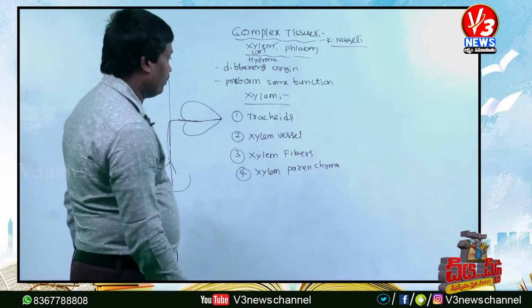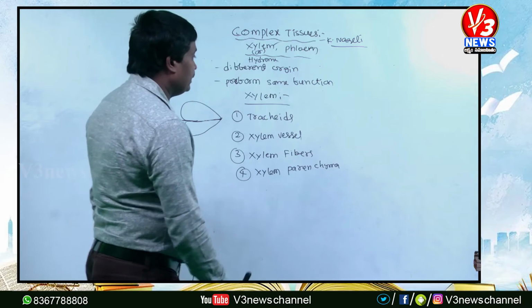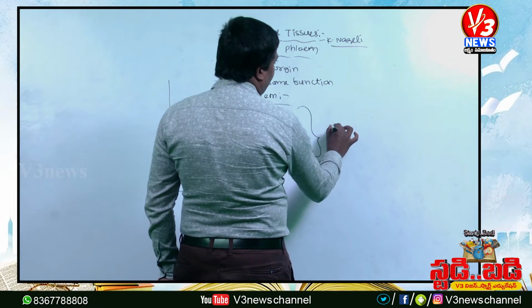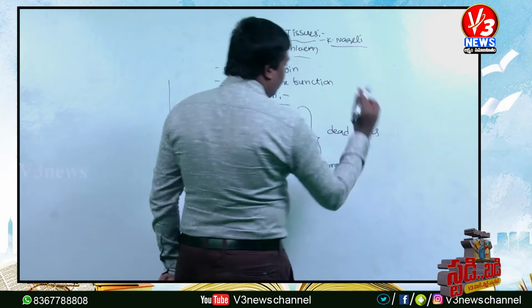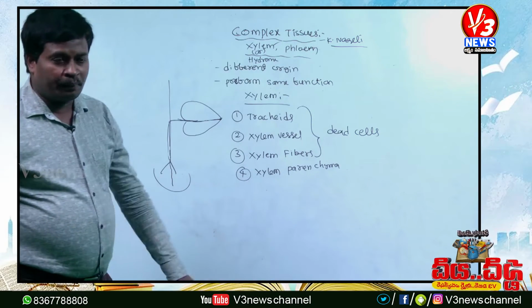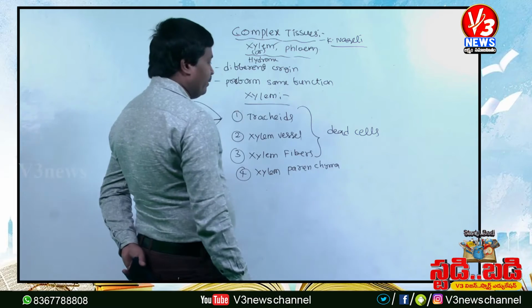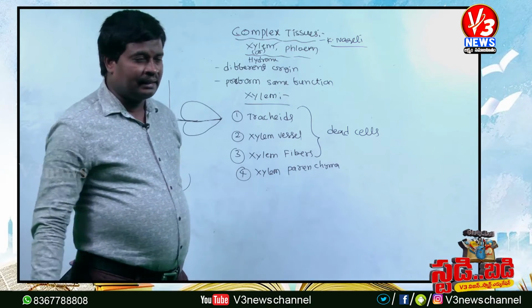Out of the 4 kinds of cells, 3 are dead cells. What is meant by dead? No protoplasm. Very important: how many kinds of cells are present in xylem tissue?